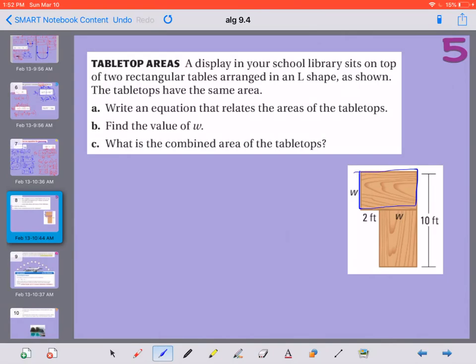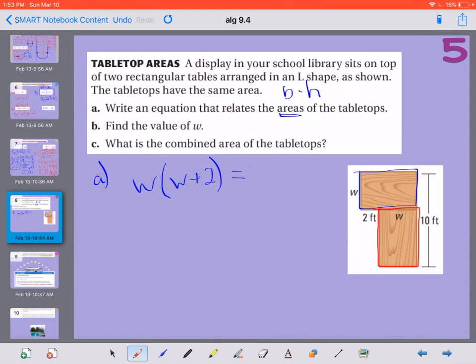And I know that area is base times height. I look at base times height, the area of this blue one would be W times, now I see 2 feet as the extra, and then W on the inside, so W plus 2, and then that equals the other table, which is the same in area.